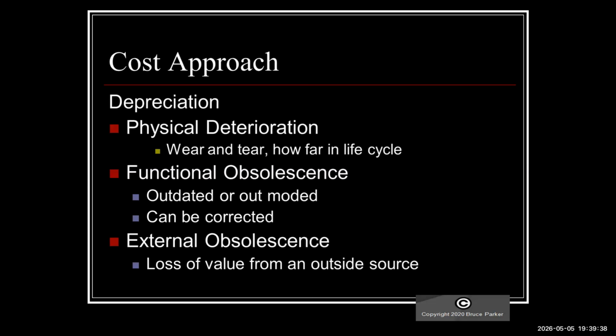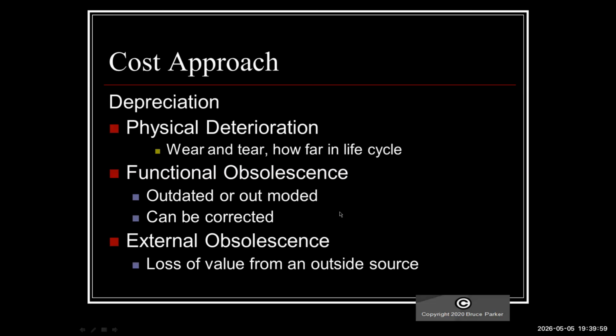That cost the people who lived in that town loss in the value of their houses. And that's not their fault. It's a loss in value from an external source. Just like that house in Washington Crossing Park, the external obsolescence was the fact that it was close to the Delaware River, which floods. That's a loss in value from an outside source.